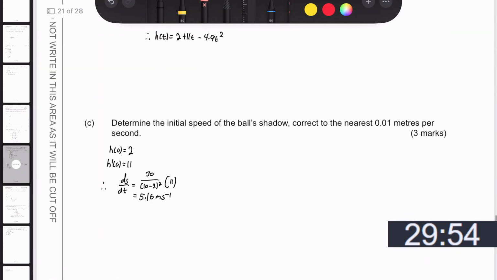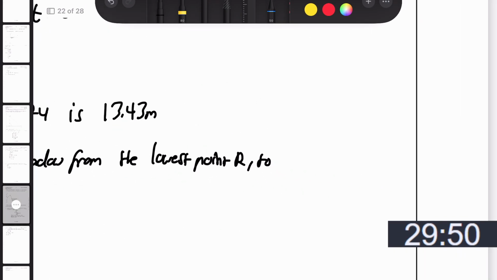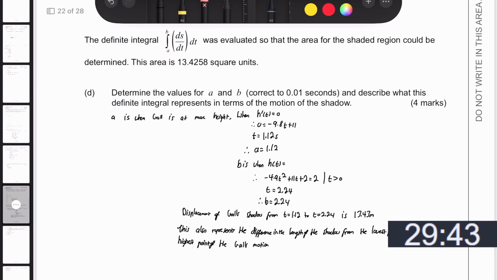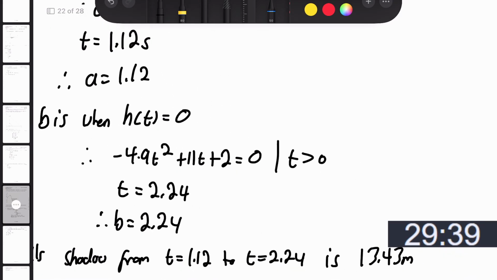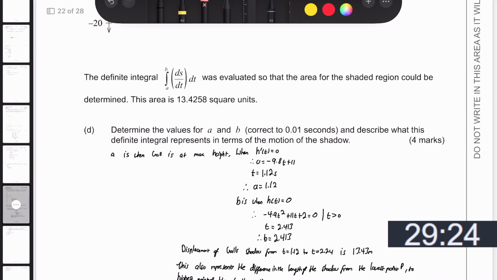Wait, let's see, point P, and h of t actually equals 0. So b is not that. B would be 0, 2.4. So b is 2.413.